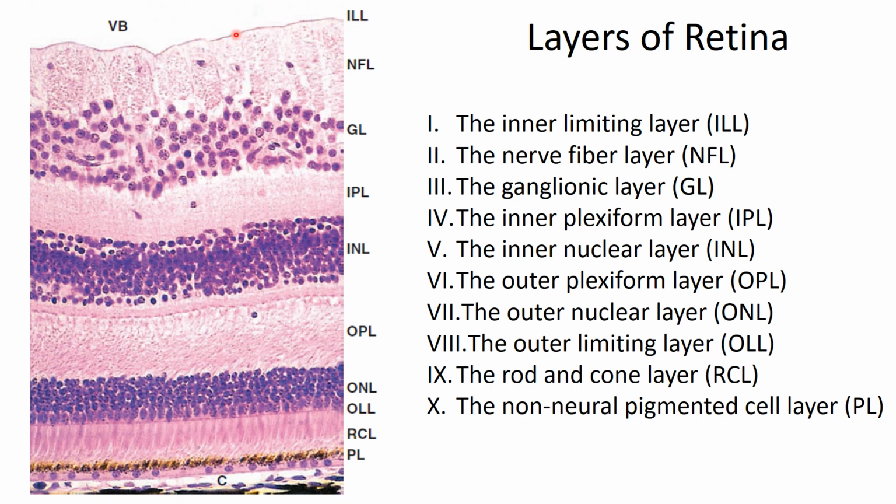So this is the innermost layer, lying against the vitreous humor or vitreous body. This is the inner limiting membrane, or inner limiting layer. This is the basement membrane of the Muller cells, the neuroglial cells. So these are the 10 layers of the retina.